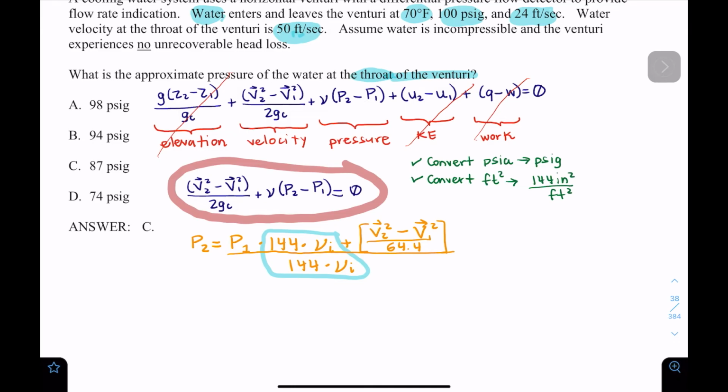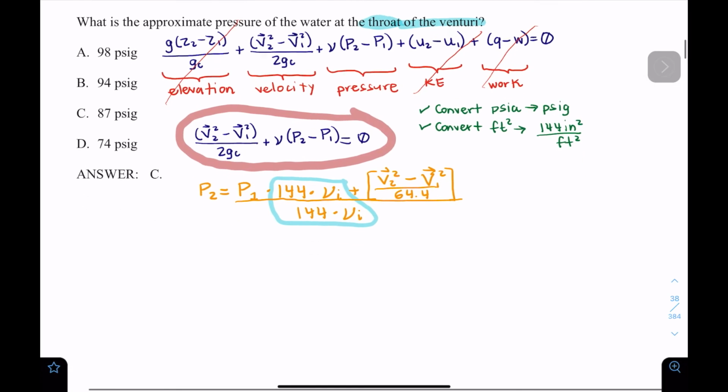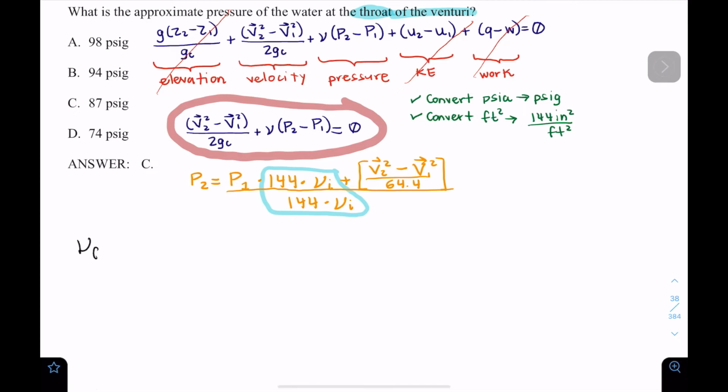So if I look at my steam table, and use the specific volume of the water at 70 degrees, I will get my specific volume to be 0.01605 feet cubed over pound mass. So that's going to be the number that I need.